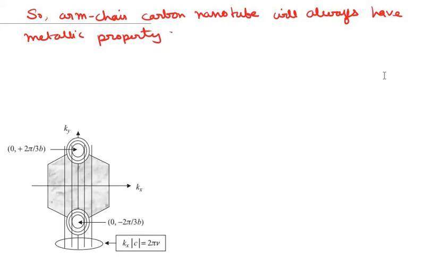This diagram shows the different lines for each of the subbands of the armchair carbon nanotube in the Brillouin zone of this graphene nanosheet, and each of these lines corresponds to a given subband. We note that there is always one line that passes through the points kx a equal to 0, and hence this armchair nanotube would always display metallic property. There is no band gap in the case of an armchair carbon nanotube.